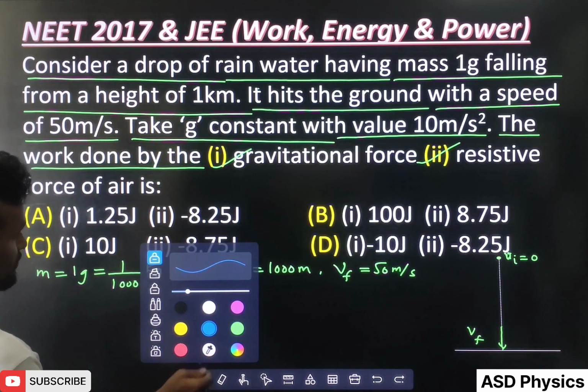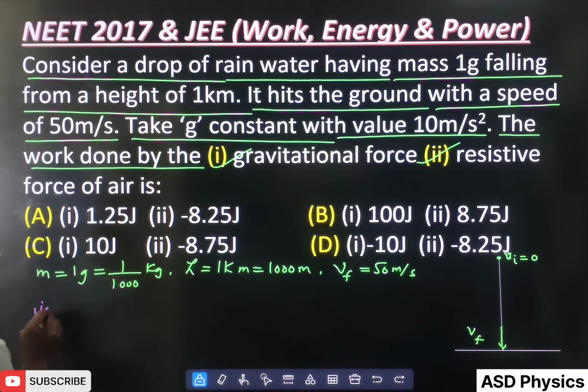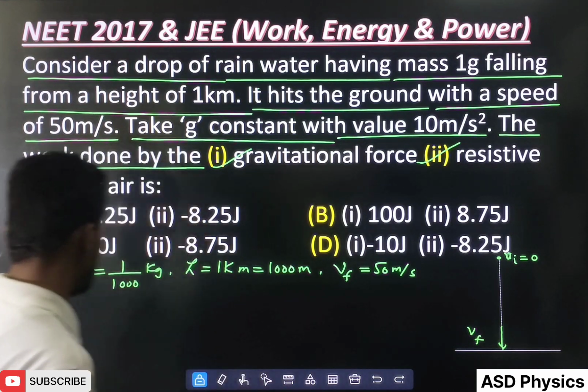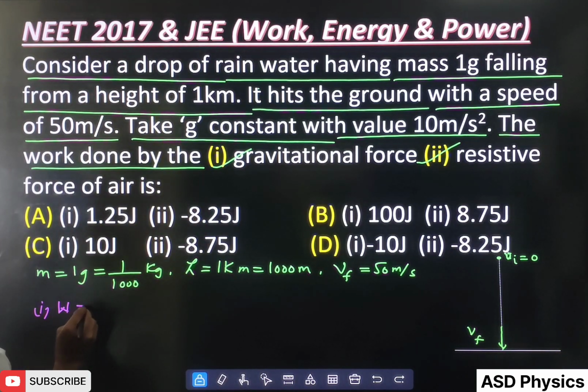So for the first part, what is it? Gravitational force. You know very well work done is always given by F d cos theta. Here we want Wg, the work done by the gravitational force, with Fg the gravitational force.